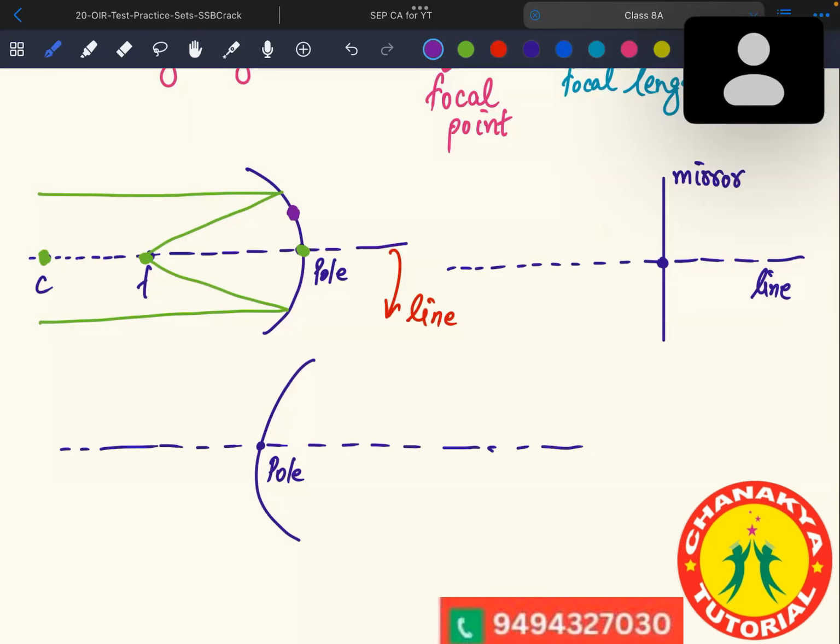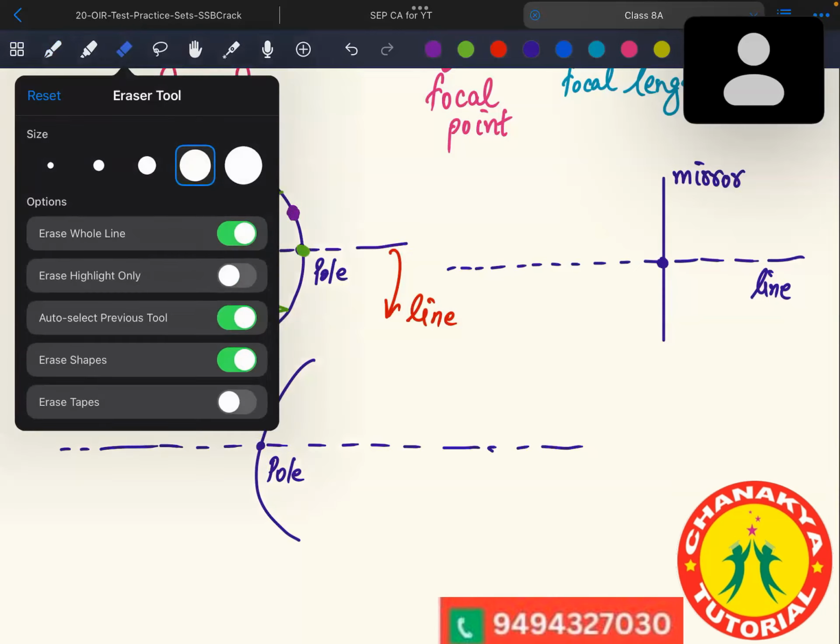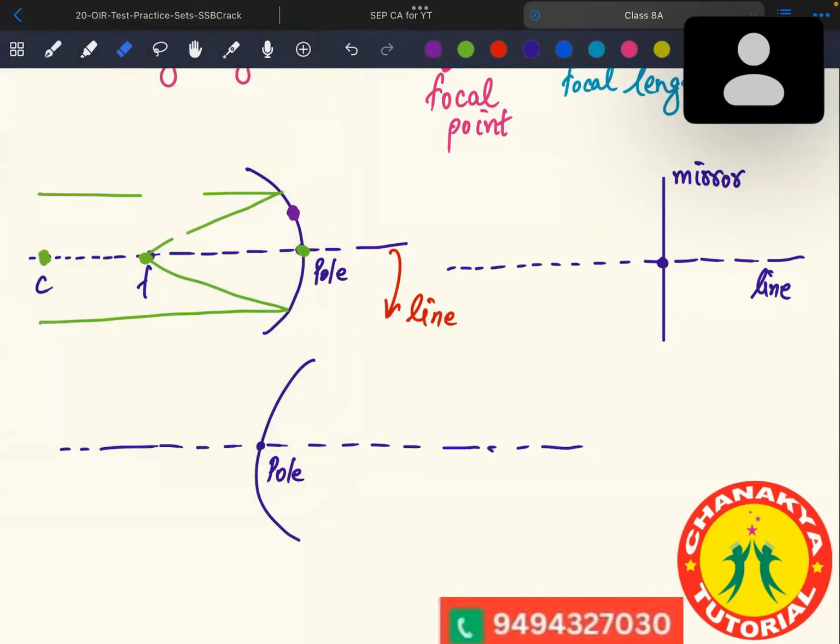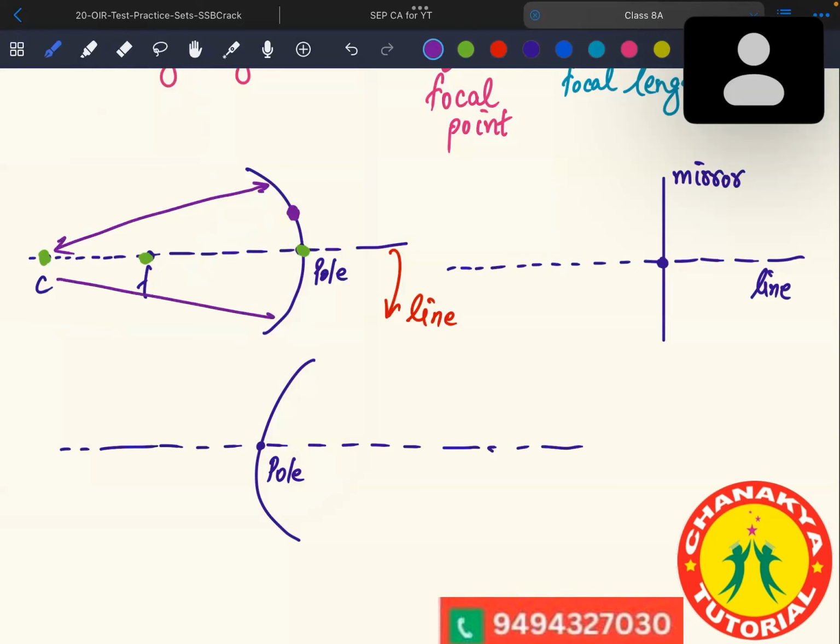Apart from that, if I ask you, is this distance, this distance, can you tell me if these distances are equal or not?